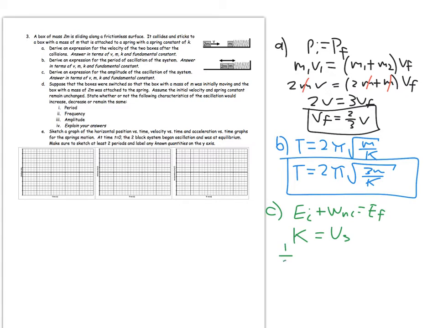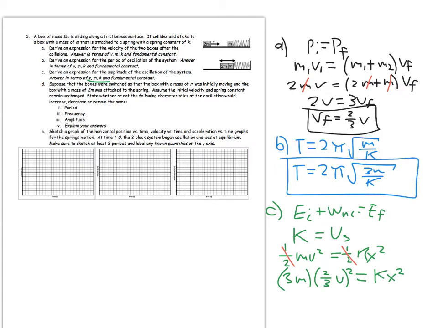So I can say 1/2 mv squared, my kinetic energy, equals 1/2 kx squared, my spring potential energy. The 1/2 will cancel out. I know two things from above because we do want to answer in terms of these same variables here. I know my mass is just going to be 3m. I know my velocity is 2/3 v, that quantity squared, and that's going to be equal to k times x squared, ultimately solving for x here.